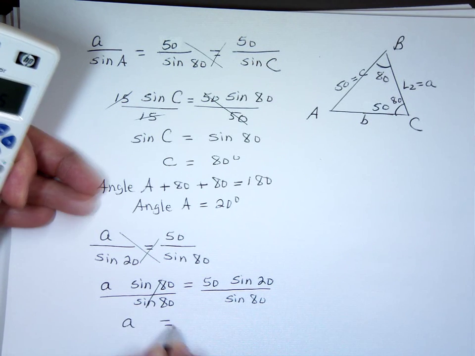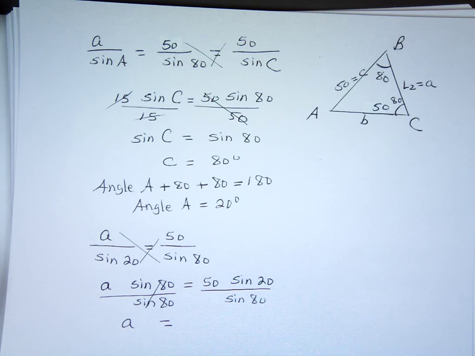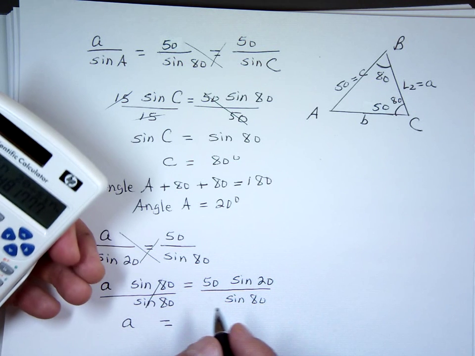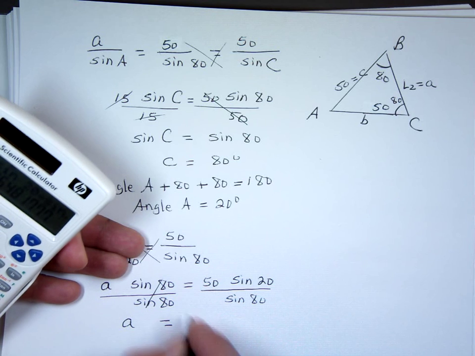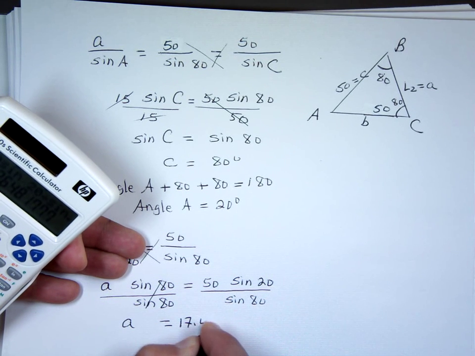A equals, let's see, 50 sine 20 divided by sine 80. So side A will have to be 17.4 feet. And that's L2.